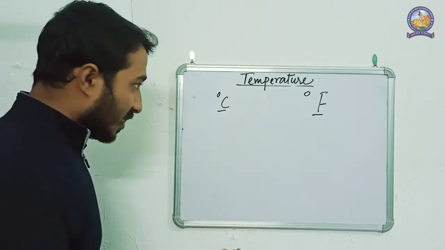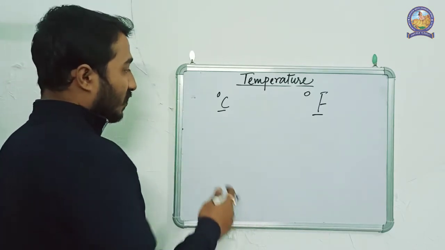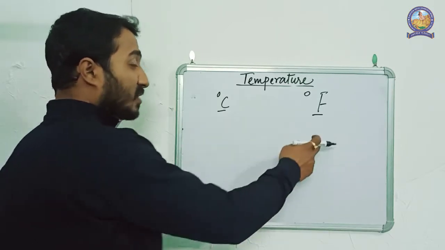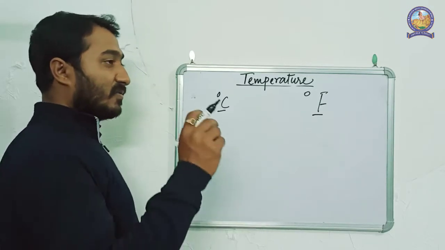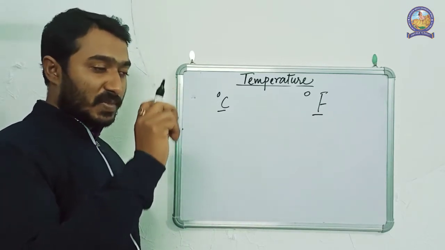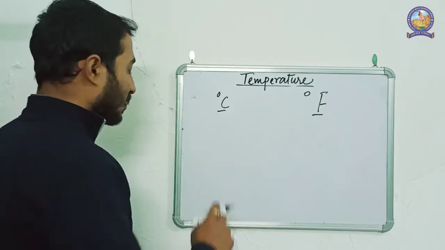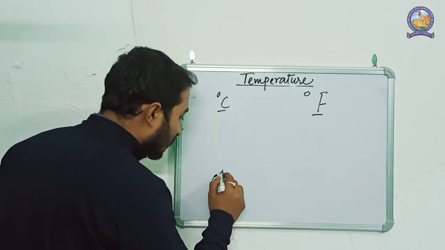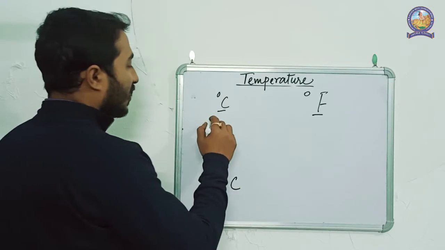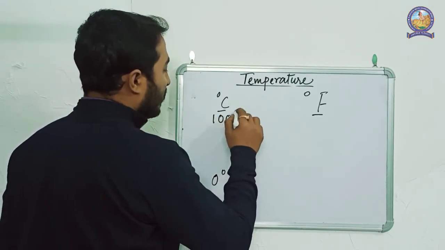In thermometers there are basically two kinds: one is the Celsius thermometer, another is the Fahrenheit thermometer. In both thermometers the values are written from one particular point to another. The lower point in Celsius is 0 degrees Celsius and the higher point is 100 degrees Celsius.